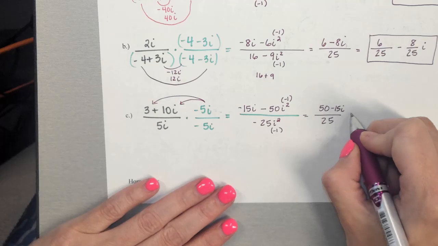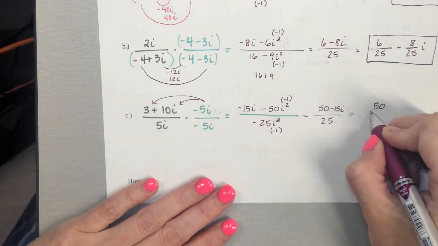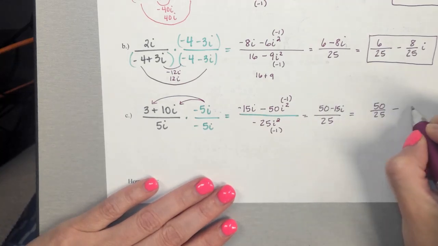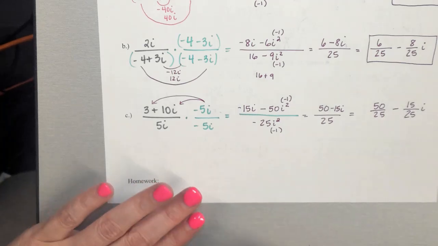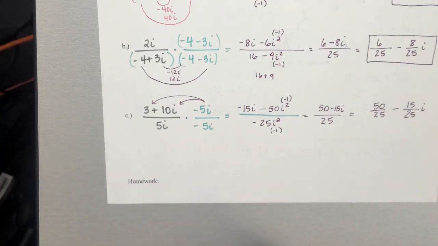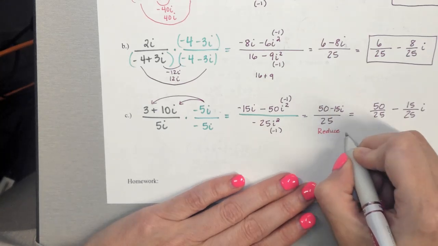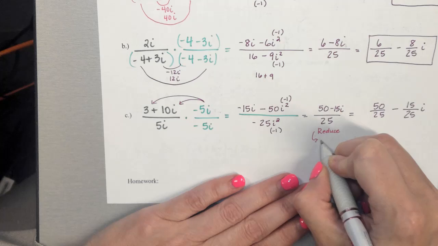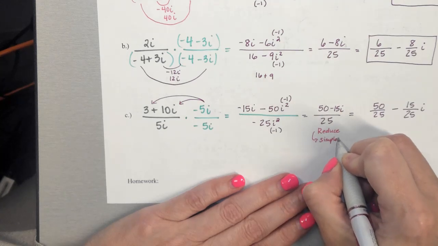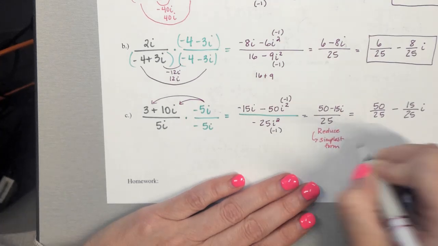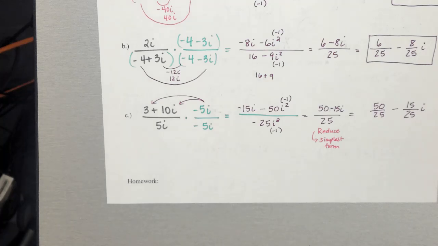And this time, we do have some simplifications that you can do here. So make sure you always reduce. It should always be in simplest form. So go ahead and reduce those.